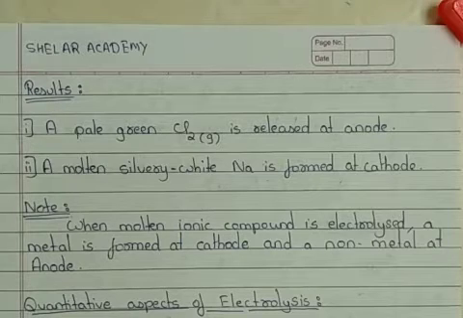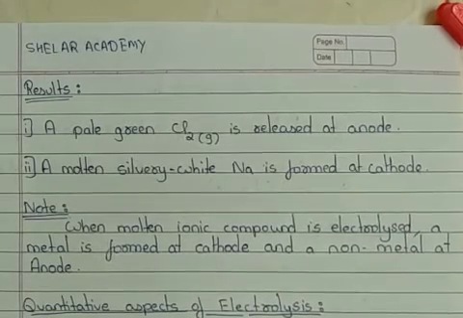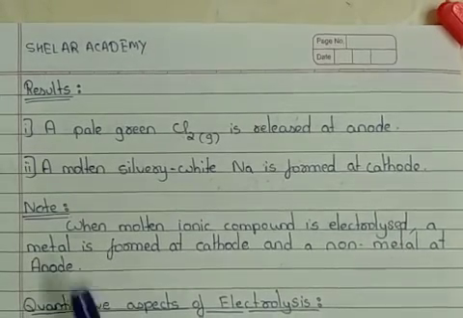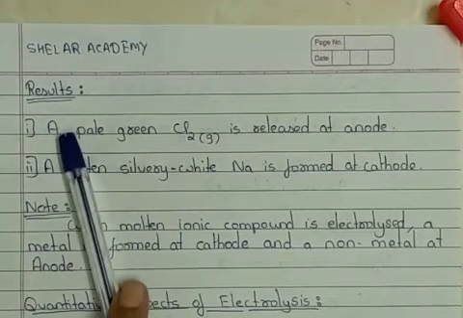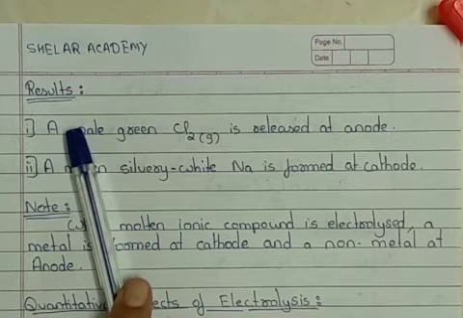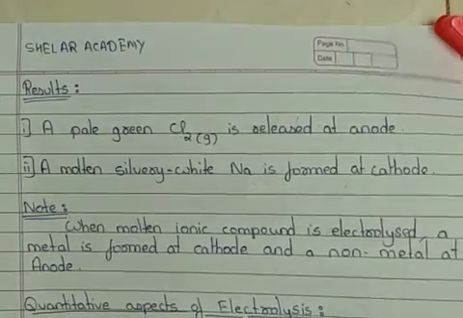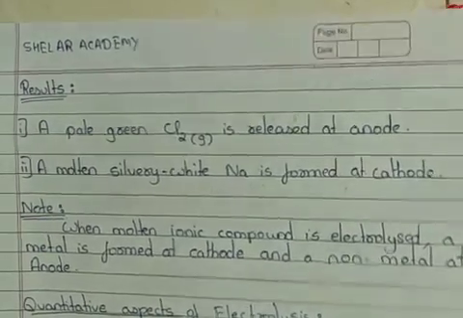After knowing the construction of electrolysis of molten NaCl and the reactions, the next part is to write down the results. As we saw in our overall cell reaction, there is formation of sodium and chlorine.